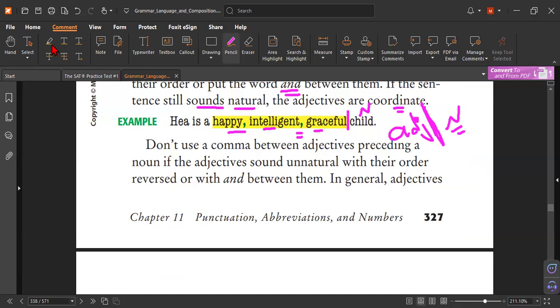Now we have another exception. Do not use a comma between adjectives preceding a noun if the adjectives sound unnatural in a different order. This is a common exception in academic writing, and it's not common in your test, but it can be about reversing their order or using and.